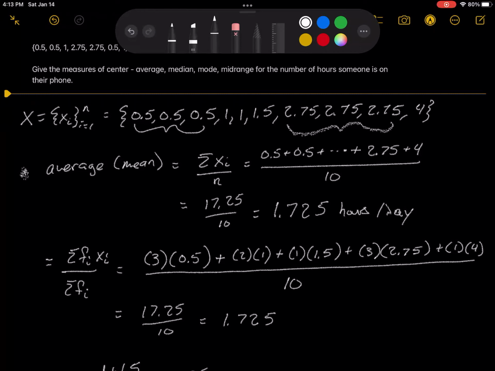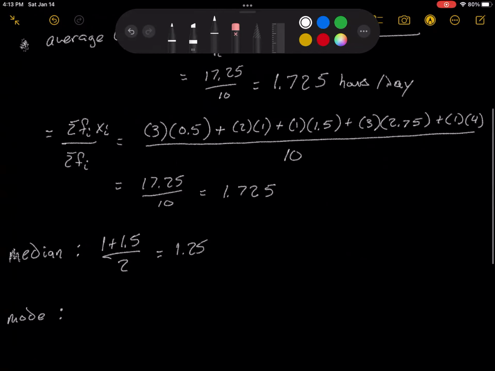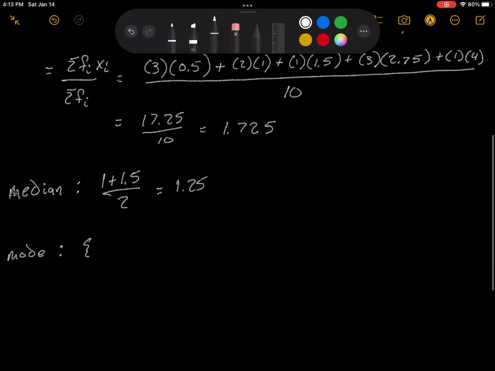So it's okay to have two different modes, right? 0.5 and 2.75 both represent data points that occur most frequently in this data set. So we have two modes, and otherwise this is a bimodal set. 0.5 and 2.75. Bimodal, bi meaning two.